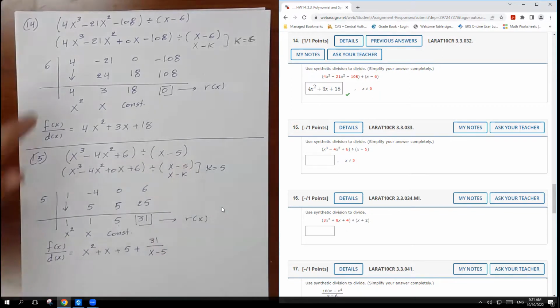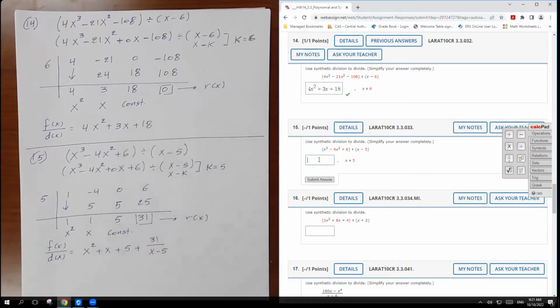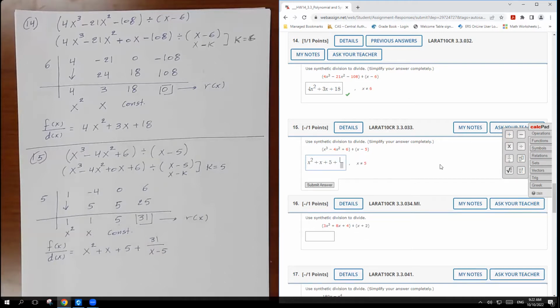This one is totally different than the previous examples because the remainder is not 0. So we have to write down the remainder divided by the divisor, x minus 5. So here is going to be x squared plus x plus 5 plus the fraction 31 divided by x minus 5.